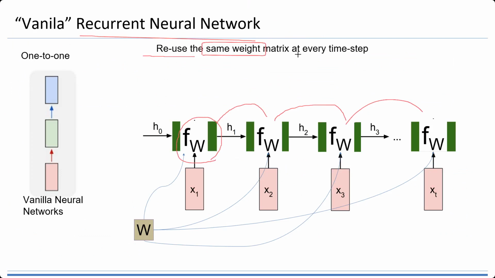We reuse the same weight matrix at every time step. So we will update only the state, and then we use the same weights whenever there is a new input.